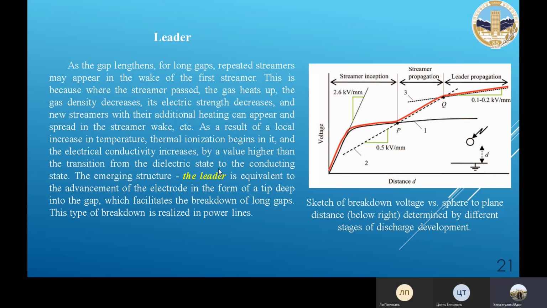The figure shows a sketch of breakdown voltage versus sphere-to-plane distance, determined by different stages of development. This is the streamer inset. This area is the streamer propagation, and in this area we have the leaders propagation.